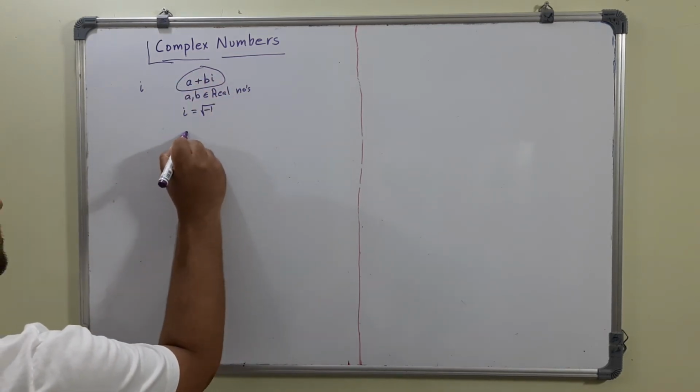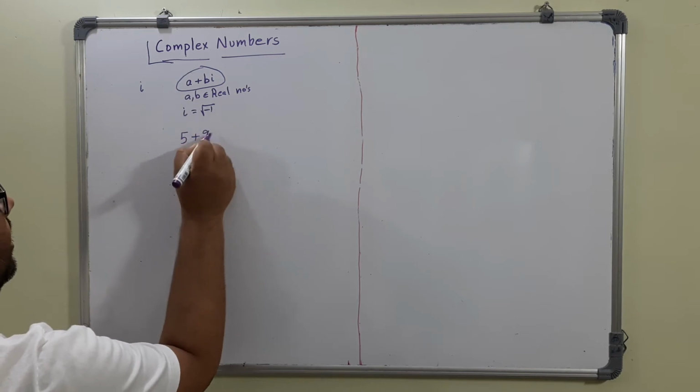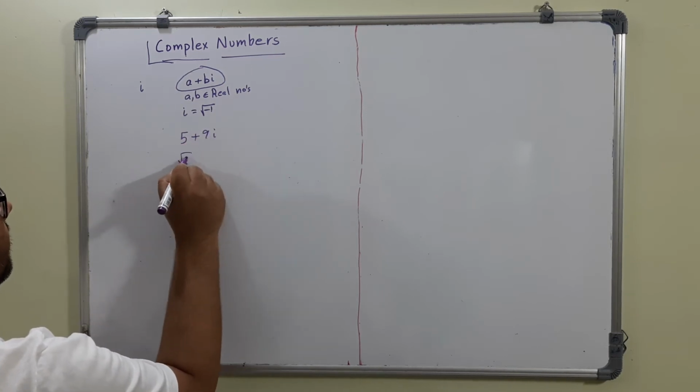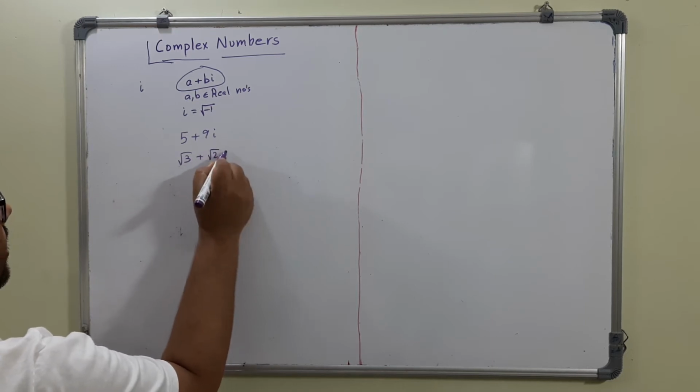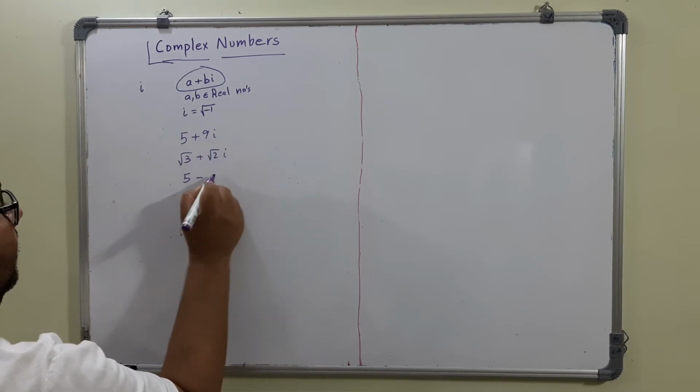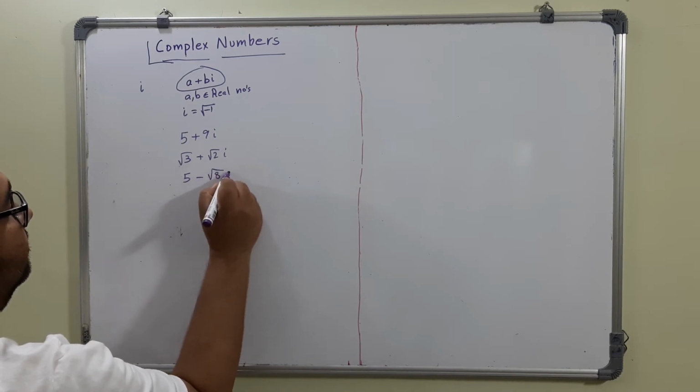For example, 5 plus 9i, or root 3 plus root 2 i, or 5 minus root 8 i.